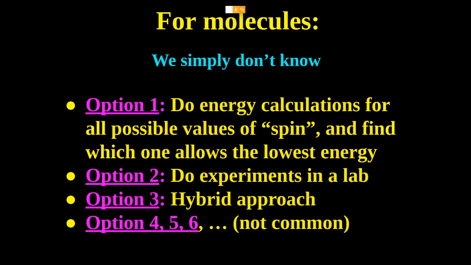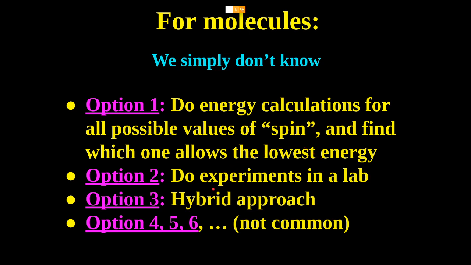Or you could do something called geometry optimization with each spin, and that will also be a way to find which spin configuration gives you the lowest energy. That will tell you what the ground state or stablest molecule energy spin is.